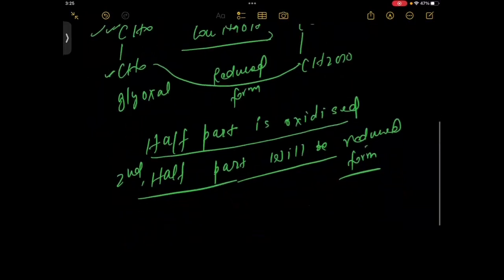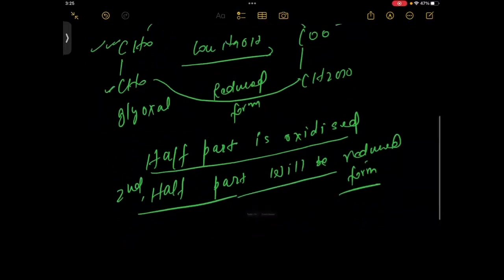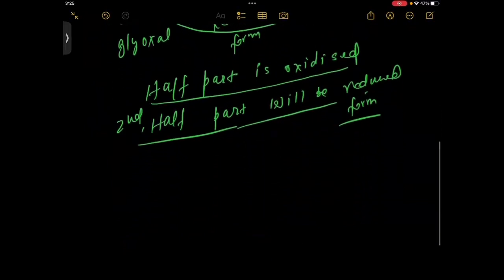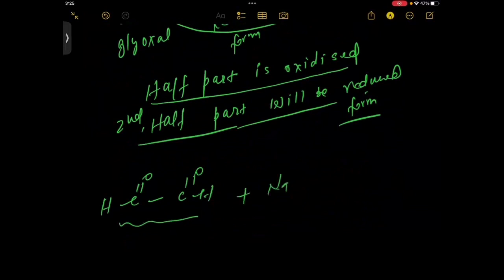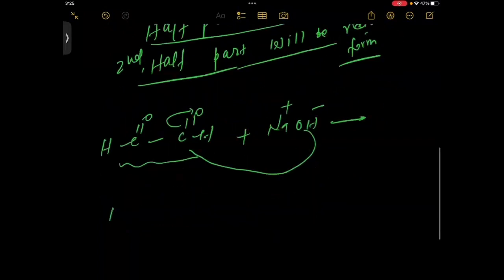Let's understand how it can happen. Here is glyoxal, HC=O, C=O, OH. I can write it this way. Here is conc. NaOH, Na plus and OH minus. This OH part will come here, and then H, C=O, C, O negative, H, OH will be formed.